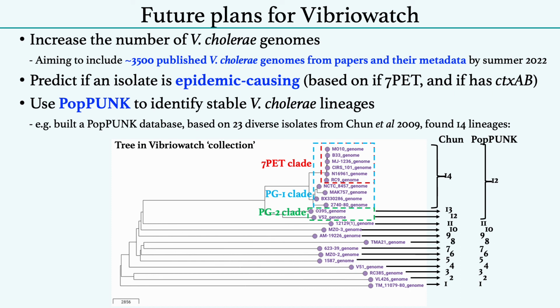All of the other diverged genomes that they sequenced were each put into their own PopPunk lineage. The way in which PopPunk has put the isolates into lineages makes good sense and agrees well with the manual analysis that Chun et al. describe in their paper.